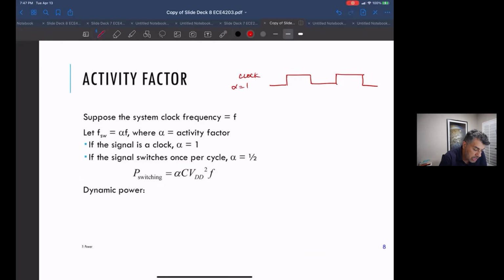Now, let's say you had data transitioning in every cycle of the clock. Because our flip-flops only run on edges, the fastest the data could transition is at half the clock period. So even your fastest data would only be running at an activity factor of 1/2.